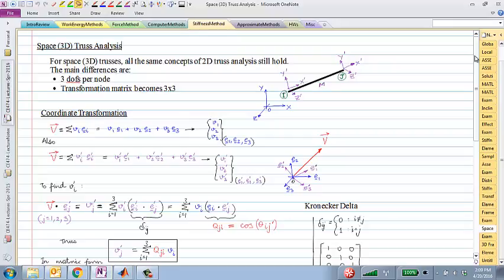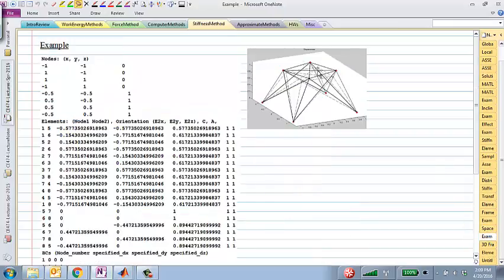So here's the logic behind these truss problems. And if you are wondering what a three-dimensional truss looks like, this is an example, right? This is a fairly complicated structure. The dashed lines are the original configuration. The solid lines are the deformed shape of that truss.